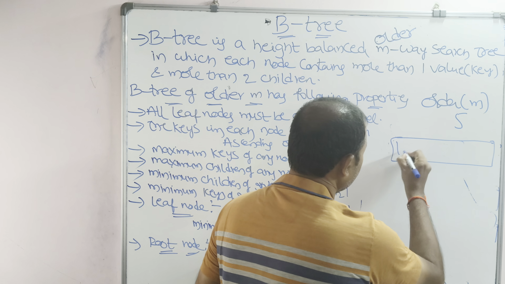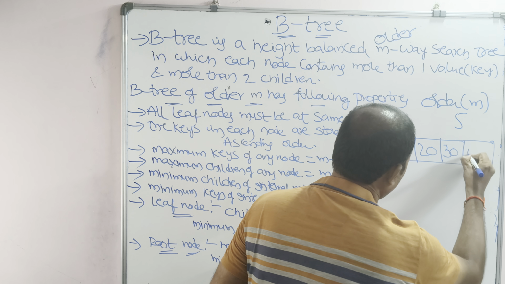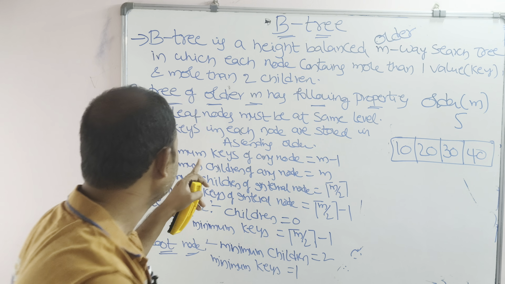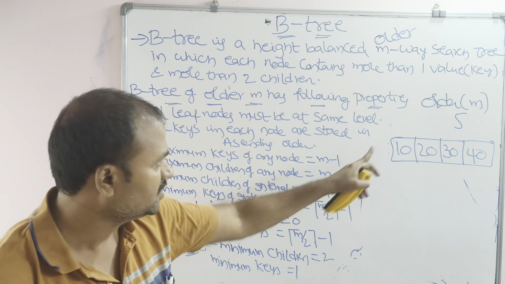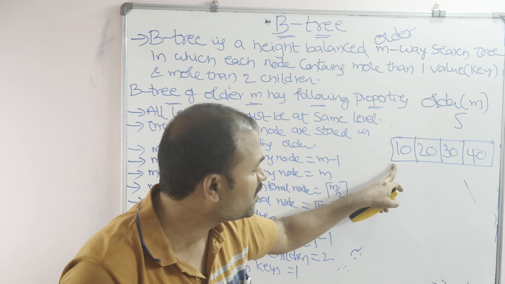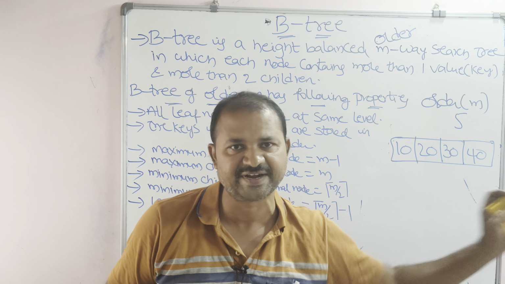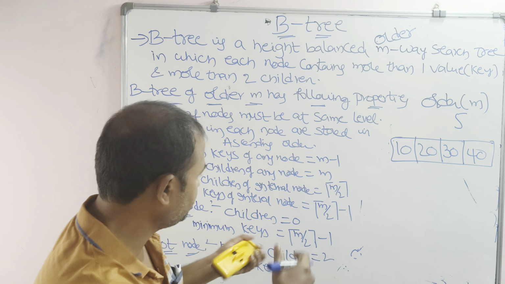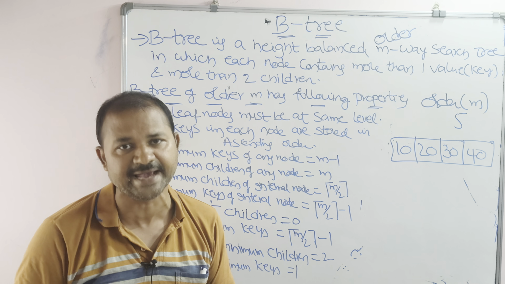So let the keys be 10, 20, 30, 40. So that is the point. The maximum keys of any node are m-1. So here 5 is the order. So the maximum keys that we can store in a node are 5 minus 1, that is 4. Next, the maximum children of any node are m.